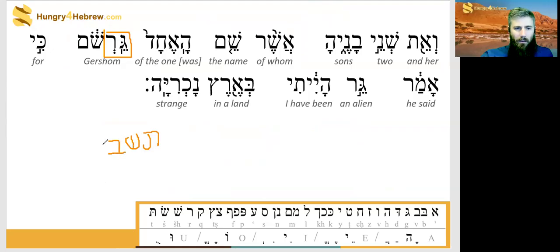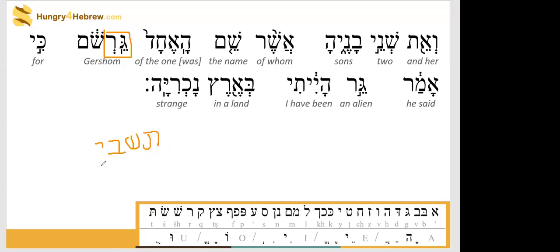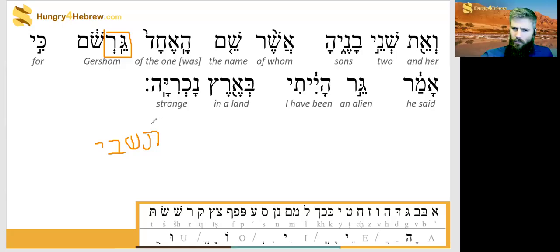So Tishbi is referring to him as from an area named after this word, but it's possible that it's related to teshev, which is sitting or dwelling, not to be confused with a toshav, which is someone who has, let's see, Abraham called himself a toshav.